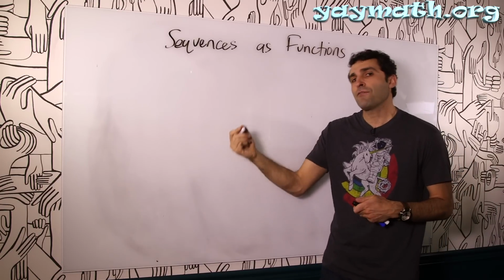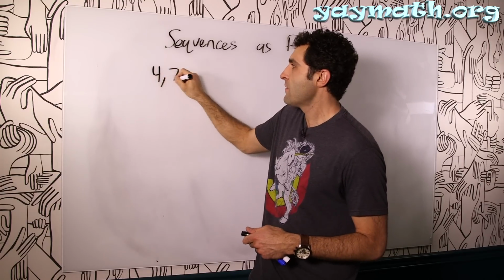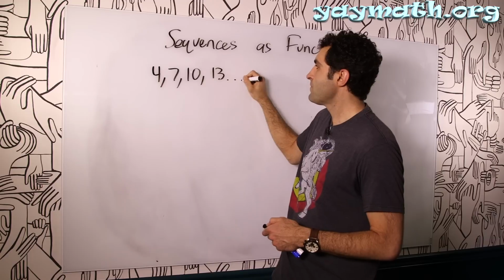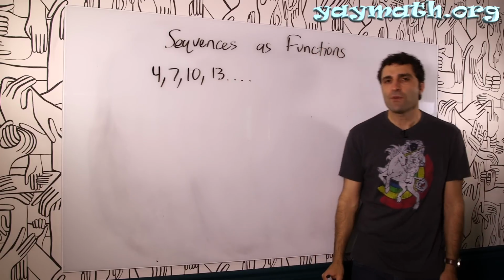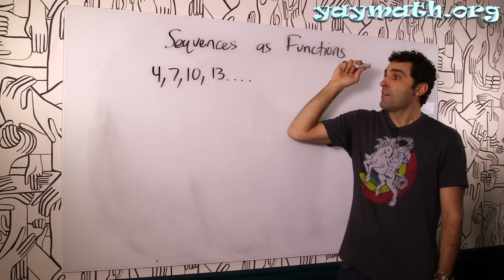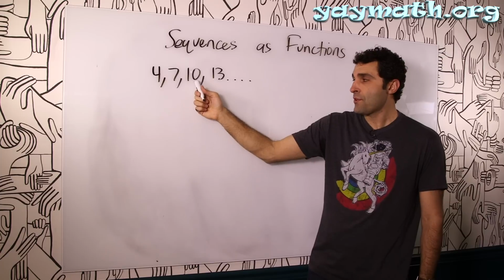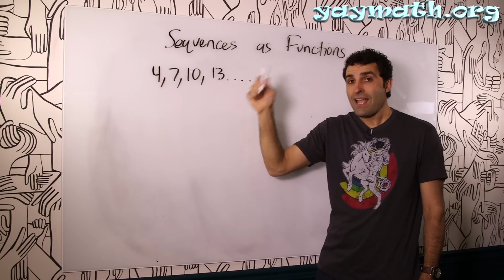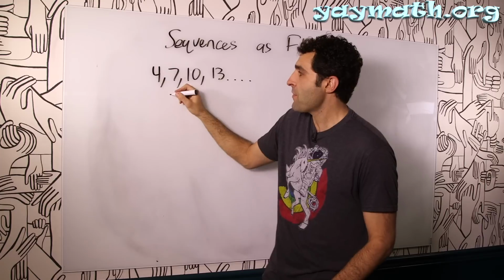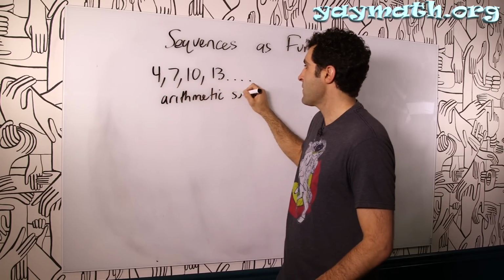We have to first define a few terms. One term is this type of sequence. All right, this is a sequence. Do we notice the pattern in the sequence? Yes, we do. This sequence progresses by +3 each time. Any sequence that progresses by addition is called an arithmetic sequence.